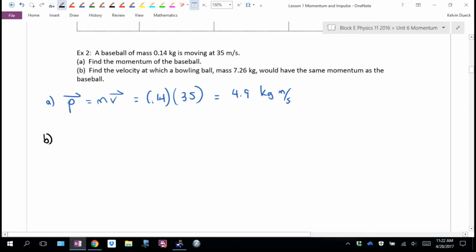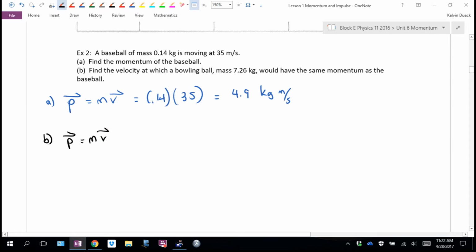What did we find, Tristan, in part A? What word did we find in part A? Begins with the letter M. Momentum. What do they ask me to find in part B? It'd be cool if there was an equation that had momentum and velocity in it. And there is. Momentum is mass times velocity.